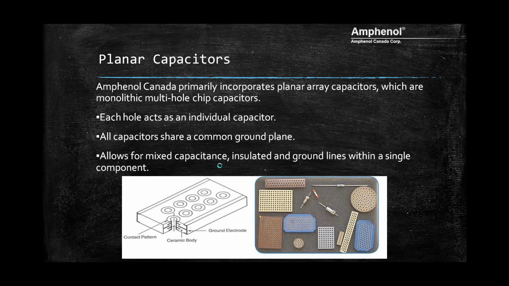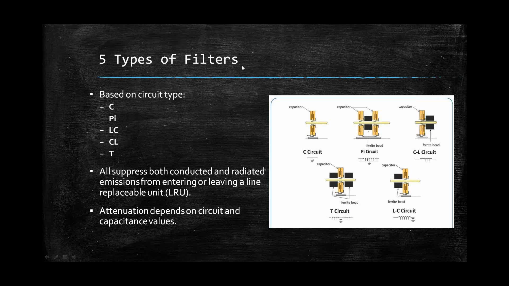Now, as far as capacitive circuitry, we have 5 basic options: a C circuit, a pi circuit, an LC circuit, a CL circuit, or a T circuit. So just to explain a bit more what those are. The C circuit is just a capacitor grounded to the shell.